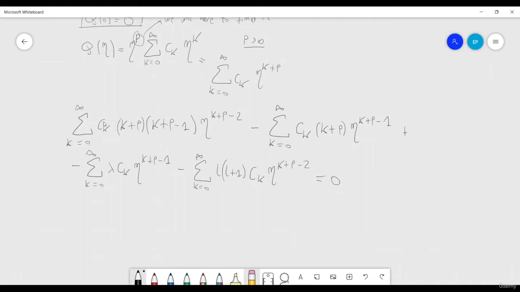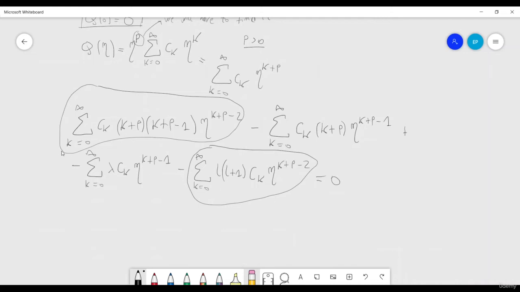In particular, I want to rewrite this term here and also this term here as well. So I can let these two summations start from minus 1 instead of 0. And I have to change them a little bit more.